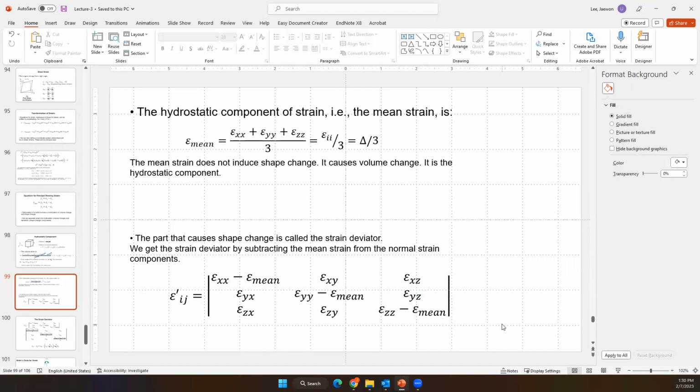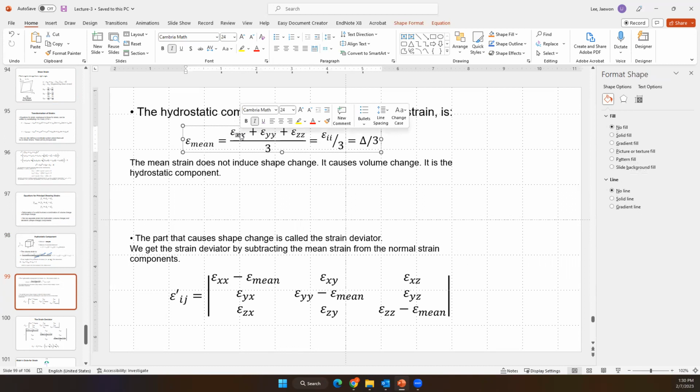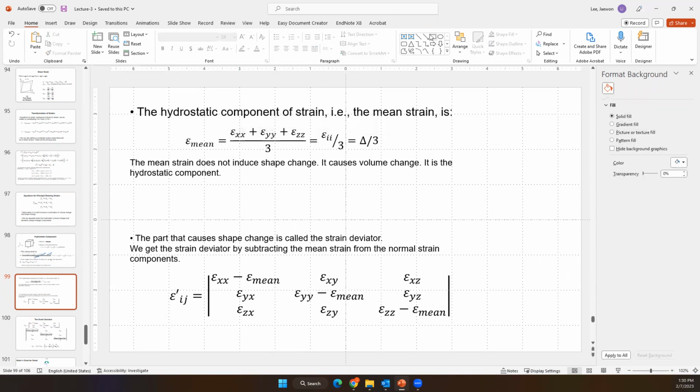Do you understand? Usually the volume change could be related to the same direction displacement.